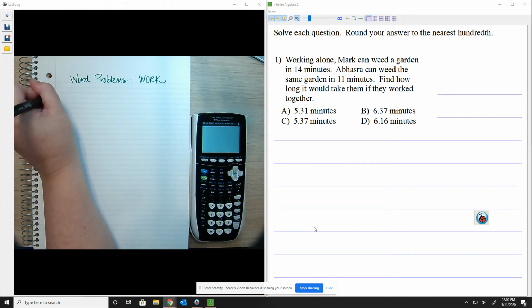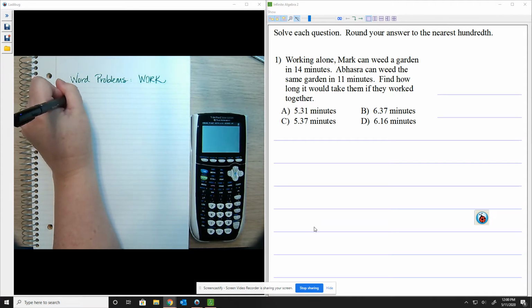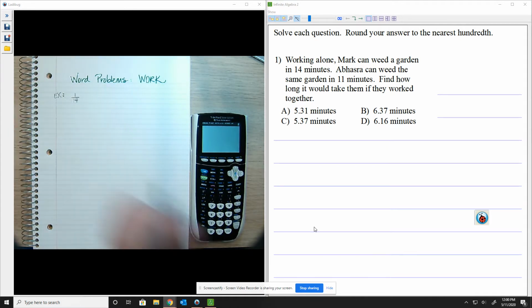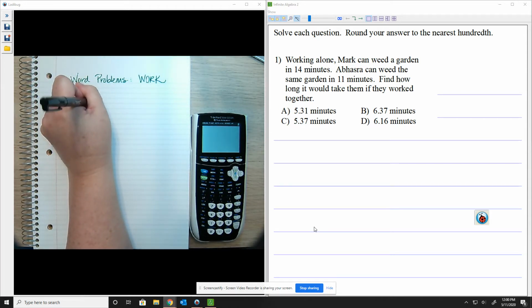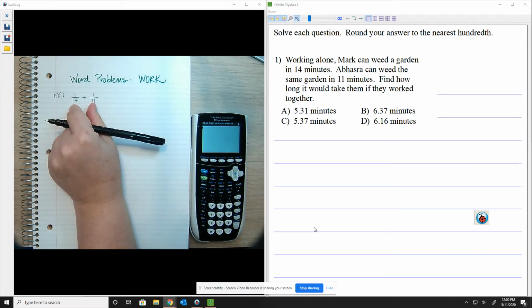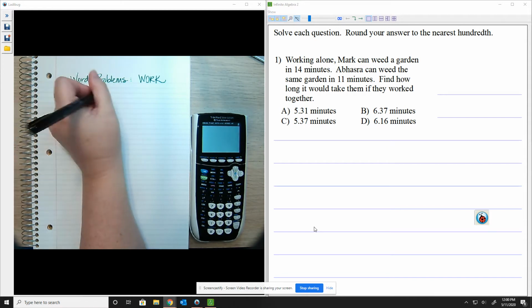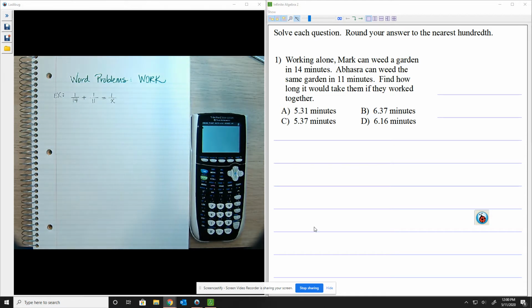So for our example, we know Mark can weed a garden in 14 minutes. Now look how I write it: 1/14. Ab can weed the same garden in 11 minutes, so 1/11. If they were to work together, so notice I put plus, how long would it take them? 1 over x.